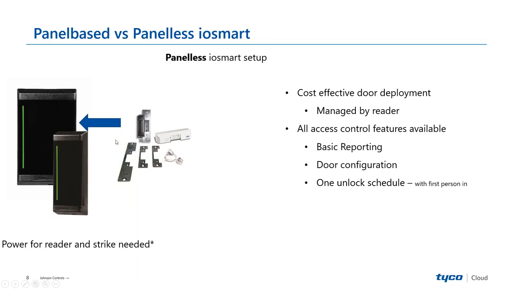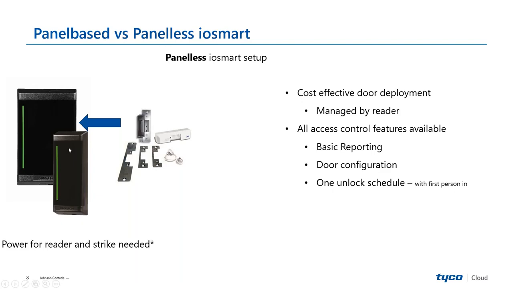And now the reader becomes a BLE beacon that the phone can see where it's at and take action. So the decision is made by the phone, but the reader is used as a beacon to locate where everything is going on.